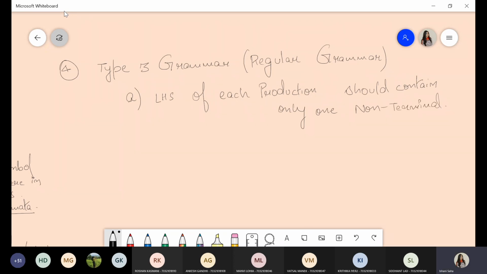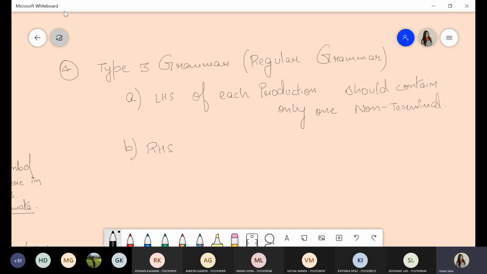Okay, so this restriction is the one we had in our type 2 also. The left hand side strictly should be just one non-terminal. Now in this grammar, since it's the most restrictive one, we also have a restriction on the right hand side.